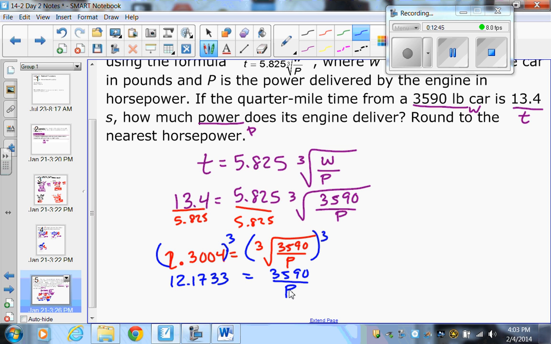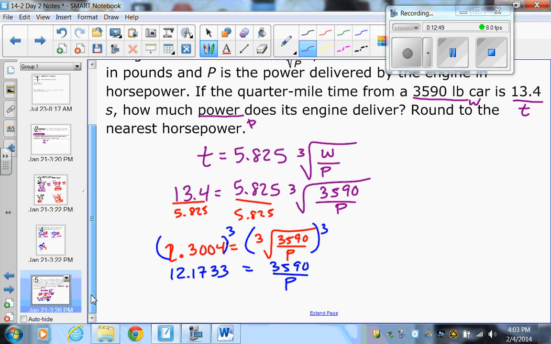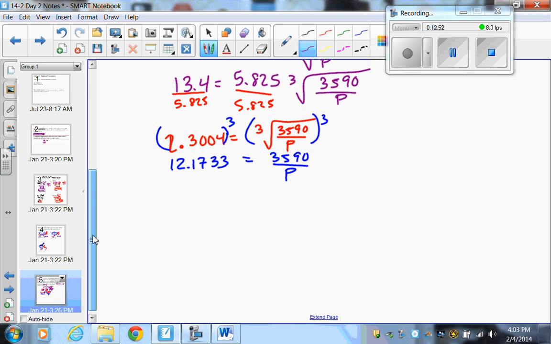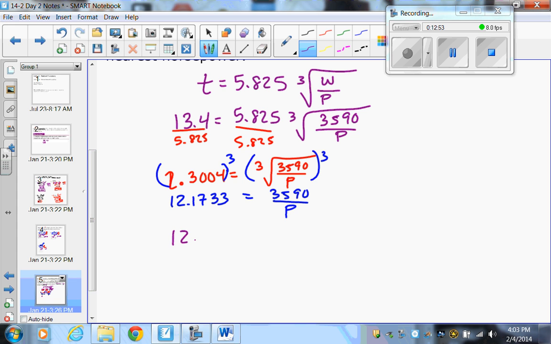And then I want P by itself, so first I have to multiply both sides by P. That's going to give me 12.1733P equals 3590. Then I want P by itself, so I'm going to divide by 12.1733. So I get P equals 3590 divided by 12.1733.